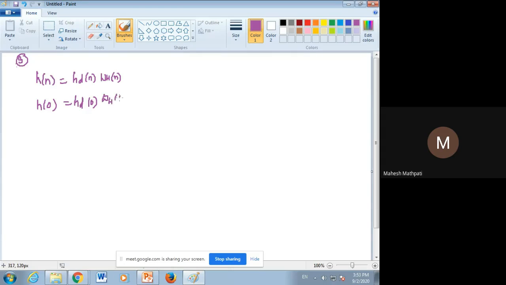What is the value? hd of 0's value क्या है? 0.333 into 1 is equals to, the answer is 0.333 it is. And similarly calculate for h of 1, h of 2, h of 3 and h of 4.